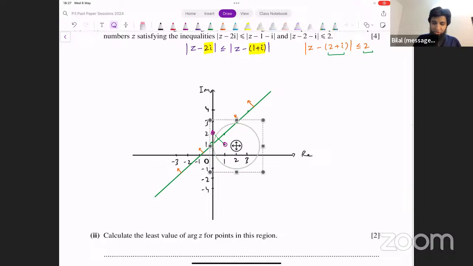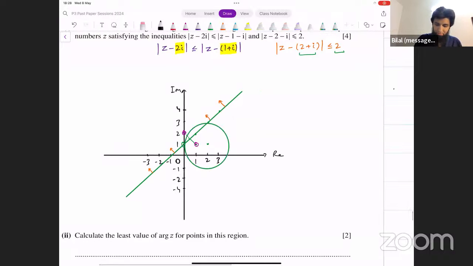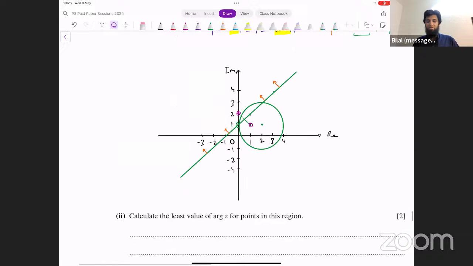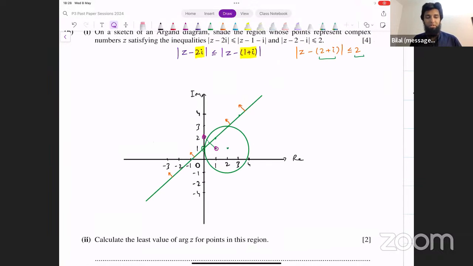On the right side, it should be going up to 4. So let's say 4 is here. This is 4. And above, it should be going up to 3. Okay, you have to take care of this thing. This is what the circle is going to look like. You will use a compass for this. Make sure your diagram is drawn with the same scale in both axes. You should get something like this.